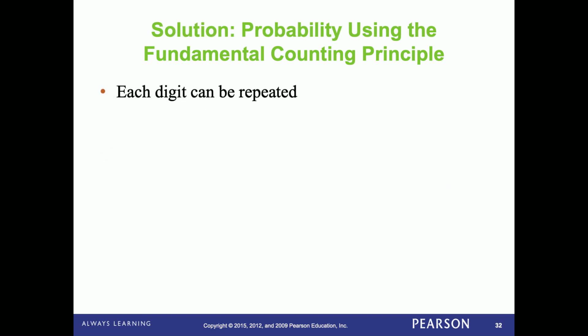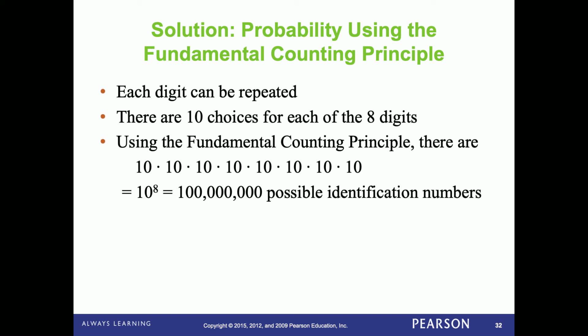So each digit can be repeated. So in the first one, there's a chance of getting 0 through 9. There's 10 choices for each digit. So it would be 10 times 10 times 10 times 10, 8 times. Right? So it's 10 to the 8th power.